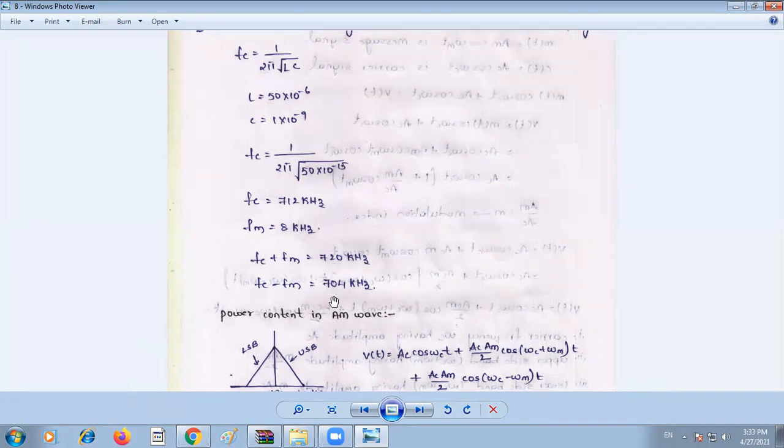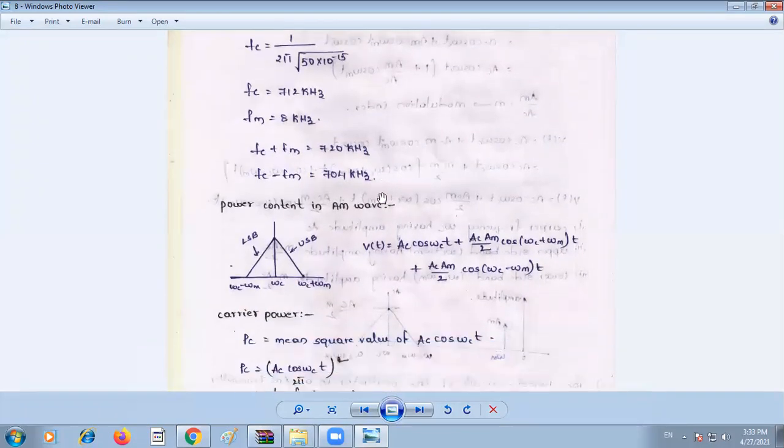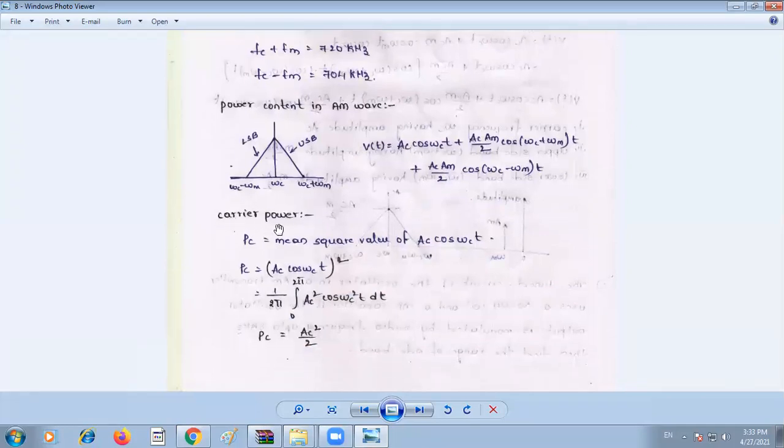FC minus FM is 704 kilohertz, that is the lower sideband. So when FC and FM are known, FC plus FM is the upper sideband and FC minus FM is the lower sideband. This is the upper sideband, this is the lower sideband. So this is the waveform.